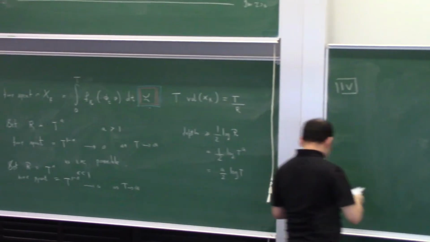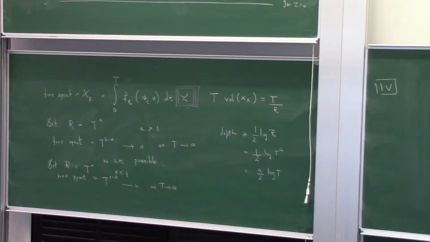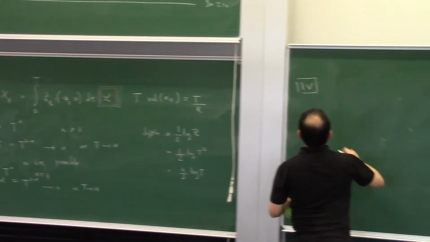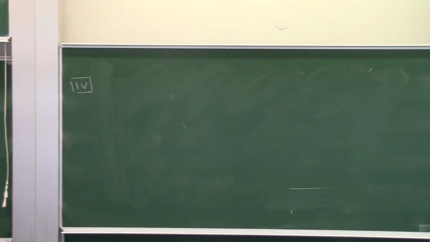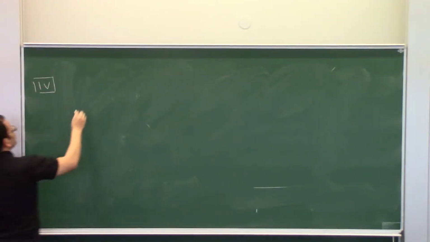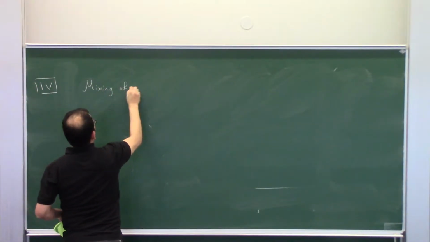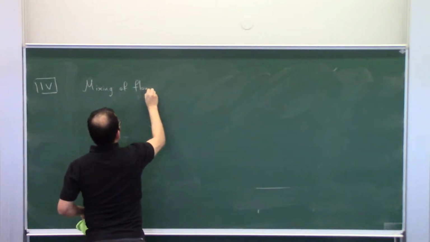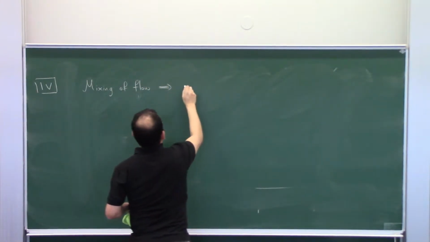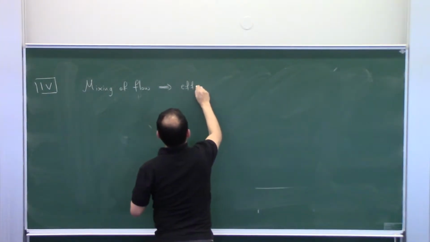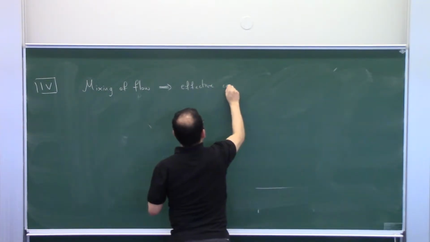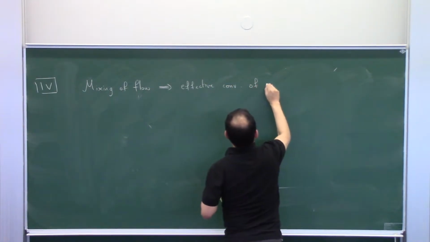This equality here needs the following care. If you have a flow which is mixing, there is some hope. So the next part of the idea is that mixing of the flow is to be used to get effective convergence of ergodic averages.